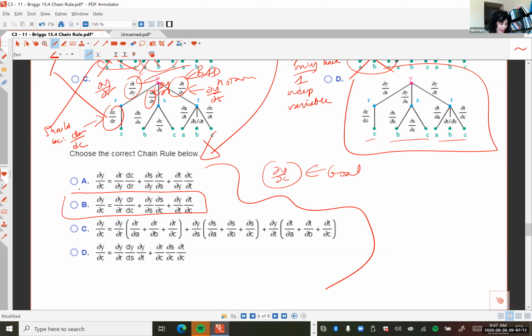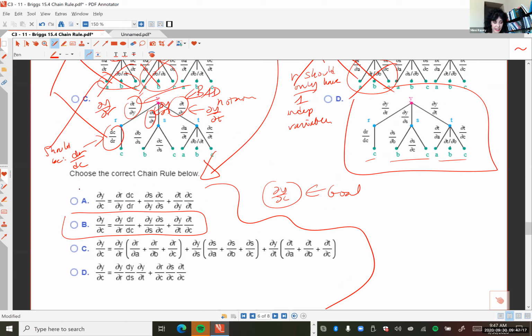Very good. Now, folks, when you look at these, I hear somebody said, I have no clue. And somebody asked me like 5 minutes ago, do we have to draw these trees? You know, this is really a bore. Yeah, but if you draw the tree, maybe you won't screw up. Look, you want dy dc. So you go look at the correct tree. First, you get dy dr, and you multiply that by dr dc.